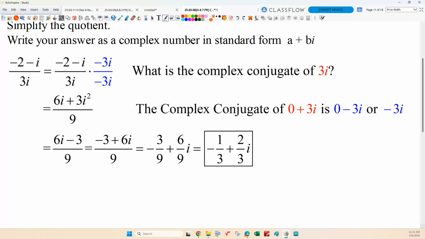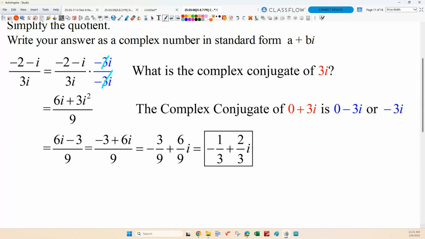So what would have been maybe the very best thing that I could have multiplied top and bottom by? i is close. Negative i would be the best, wouldn't it? If I multiply top and bottom by negative i, why the negative? Well, that's going to make the bottom positive then when I multiply. Does that make sense? I'm going to get negative 3i squared, which turns out to be positive 3, right?